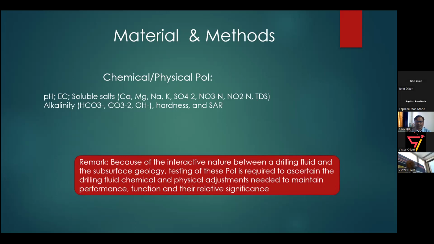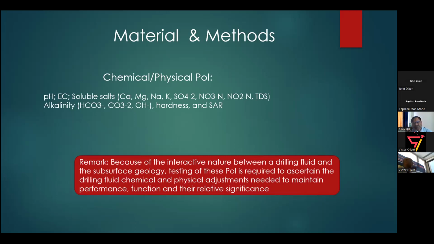Electrical conductivity; we look at soluble salts individually, i.e. calcium, magnesium, sodium, potassium, nitrate, nitrite, and TDS, also alkalinity. We look at bicarbonate, carbonate, and hydroxyl, and also hardness and sodium adsorption ratio.